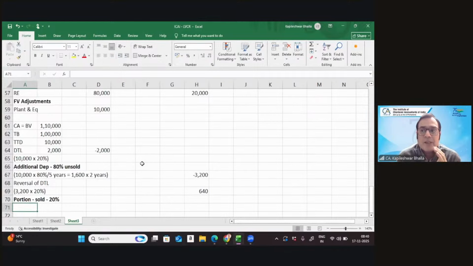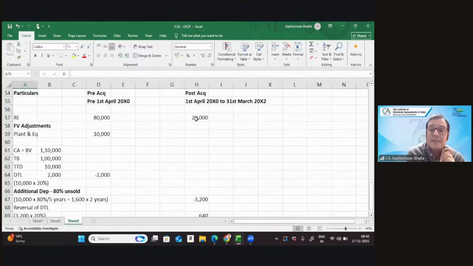Because in the standalone financials, the company must have recorded the profit on sale in the post-acquisition period because they did not incorporate the fair value adjustments. So when they sold, they must have recorded that profit on sale. So can I say this 20,000 is including the profit on sale?